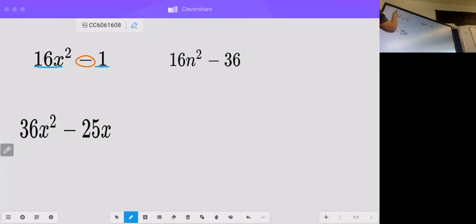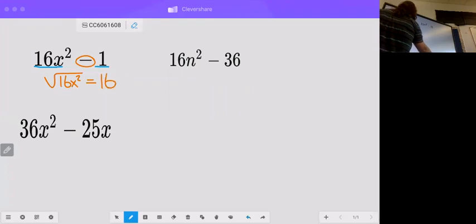Now, if we take our first term, 16x squared, and if we take the square root of that, that's going to give us 16x, okay? Actually, that's wrong. It's actually going to give us 4x, my bad. That's going to give us 4x when we take the square root.